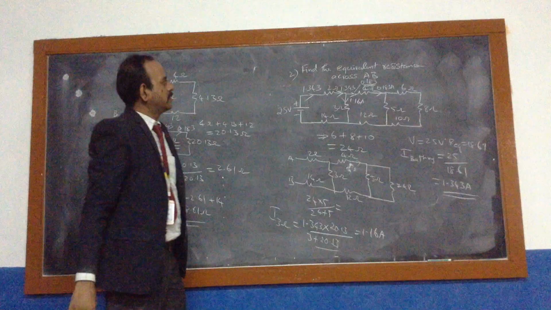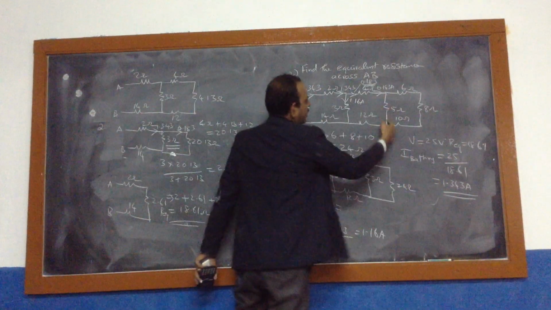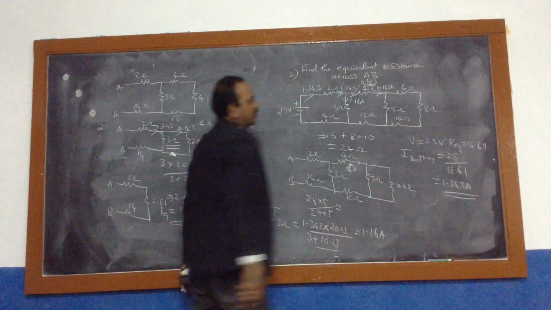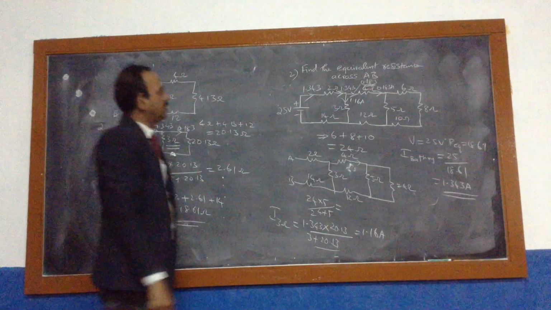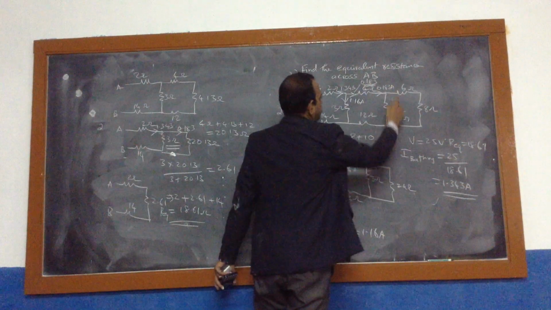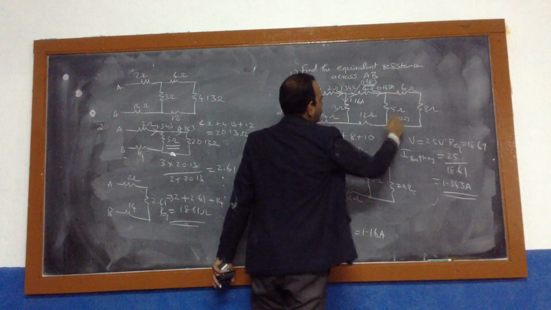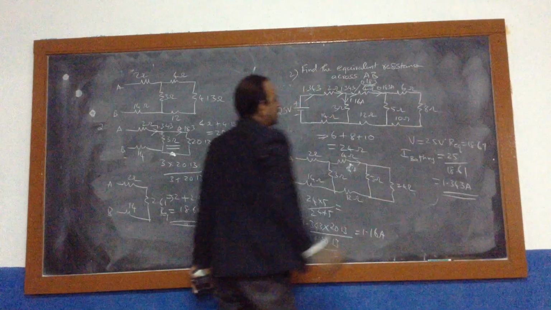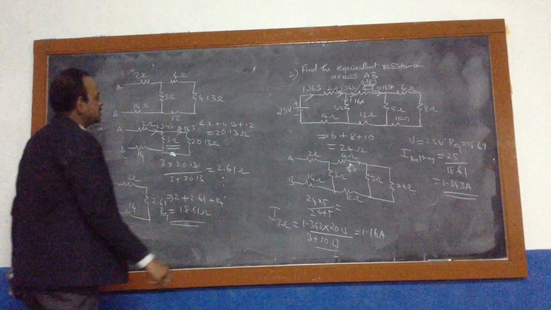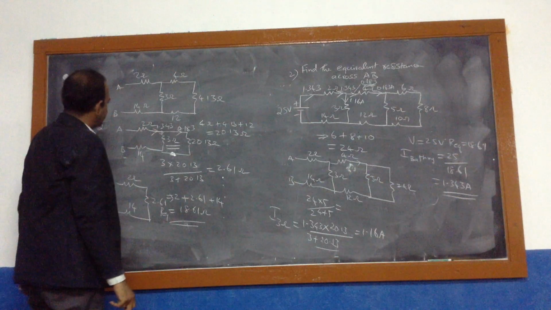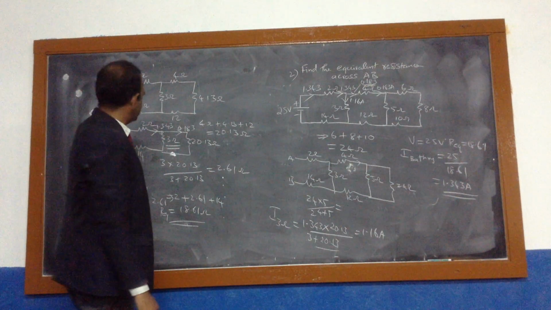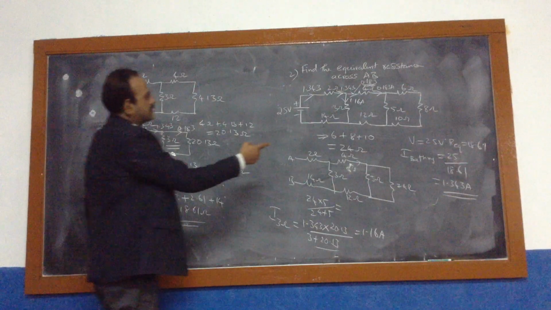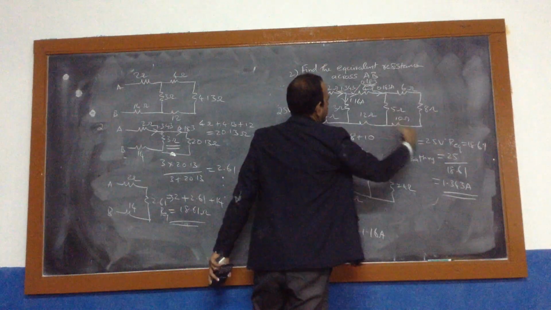Now this 0.183 again has to be divided into 2 branches. Here this is 5 ohm, and these 3 are in a single branch, 6, 8, 10, which are in series. Just add them.